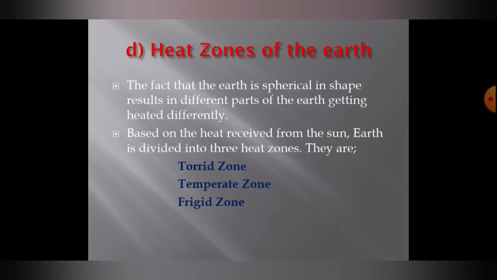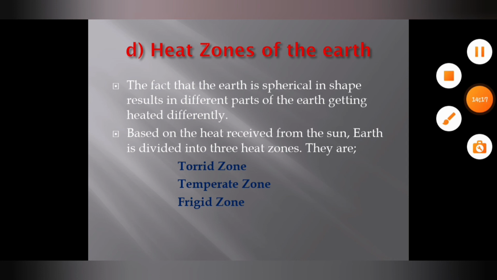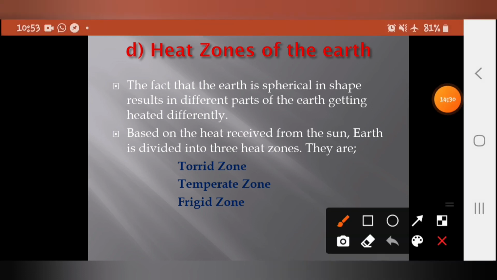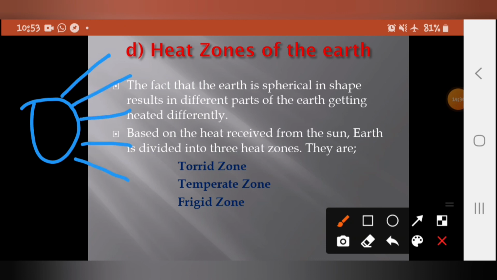So next one, heat zones of the earth. The fact that the earth is spherical in shape results in different parts of the earth getting heated differently. It gets slanting sun's rays.